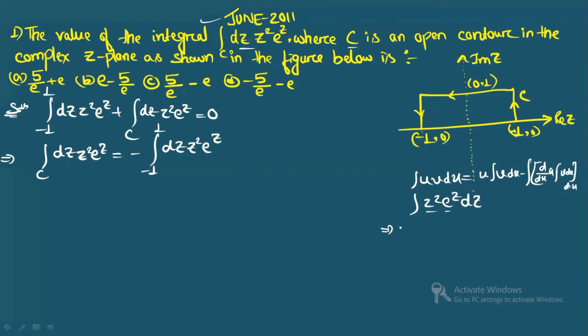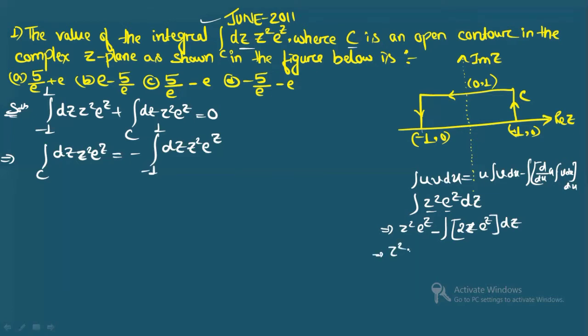So this gives z square e to the power z, minus the integration of the derivative of z square, which is 2z, times the integration of e to the power z, which is e to the power z, dz.